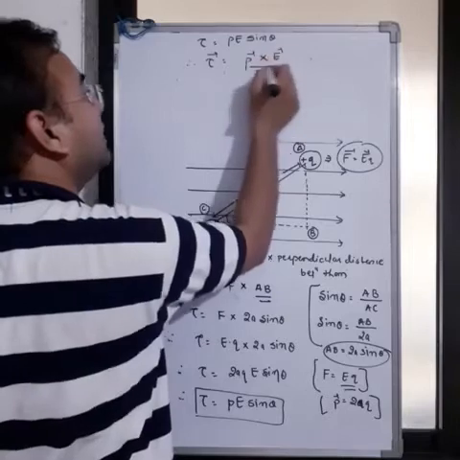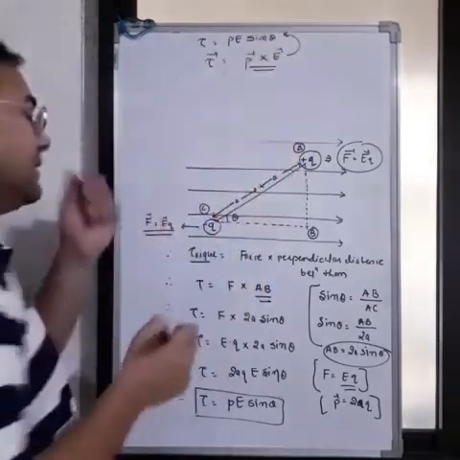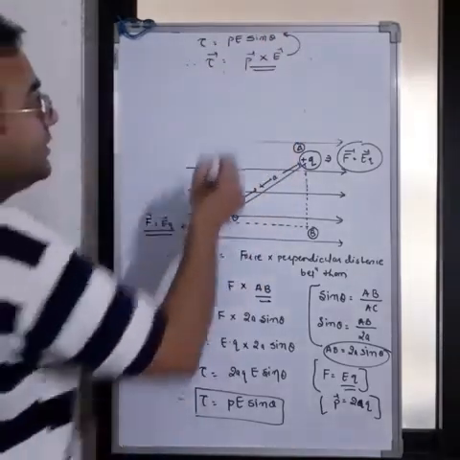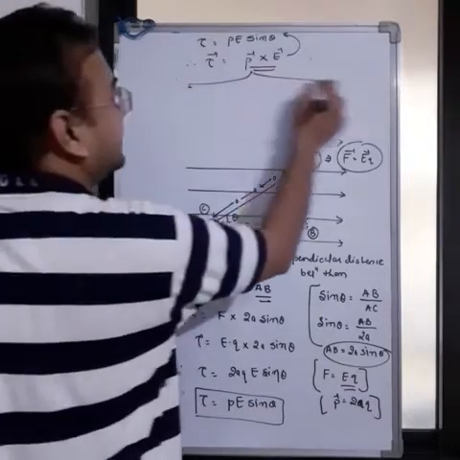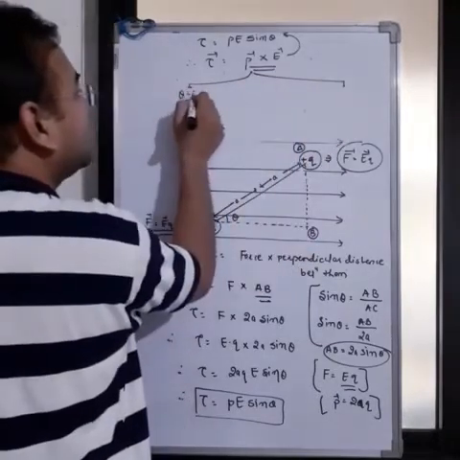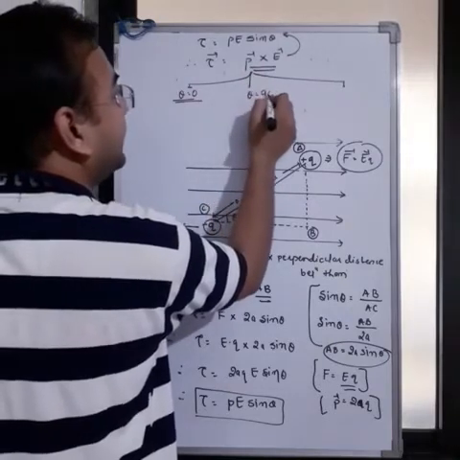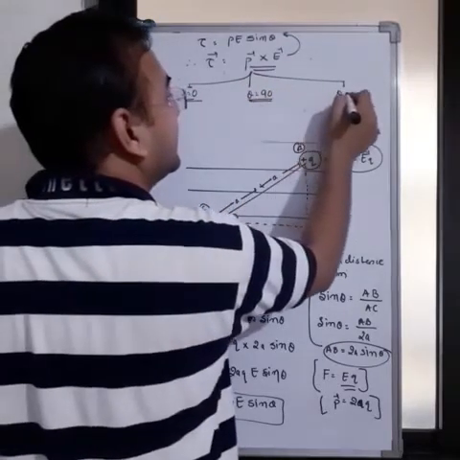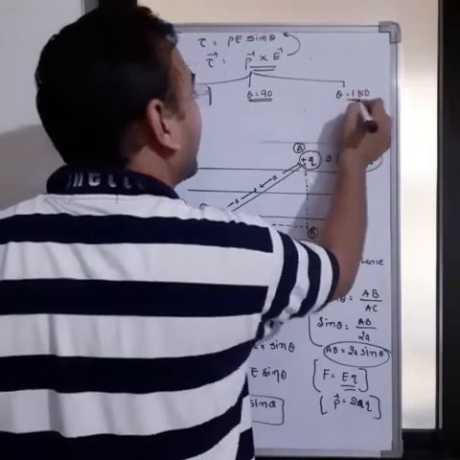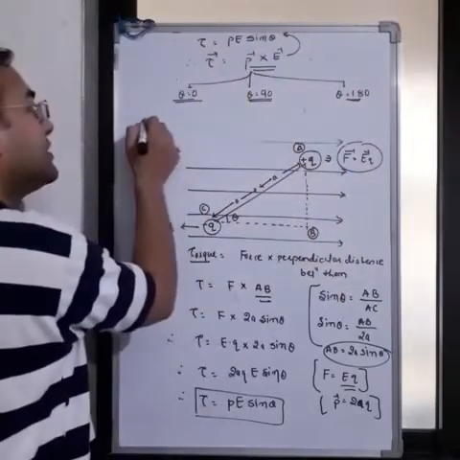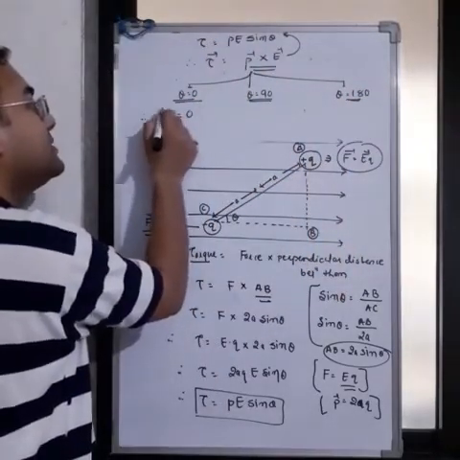We already know that the cross product is given by sine theta. Here we have three options for theta: theta equal to 0, theta equal to 90, and theta equal to 180. If theta is equal to 0, then torque becomes 0.